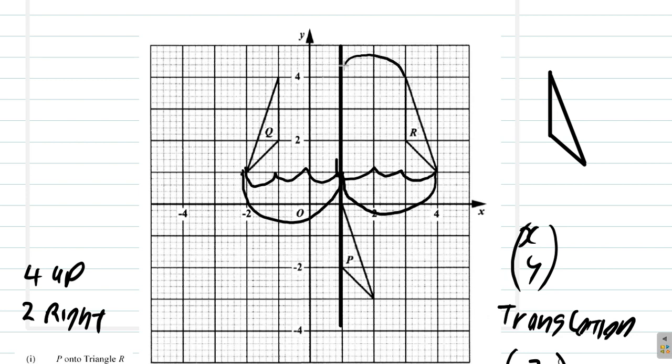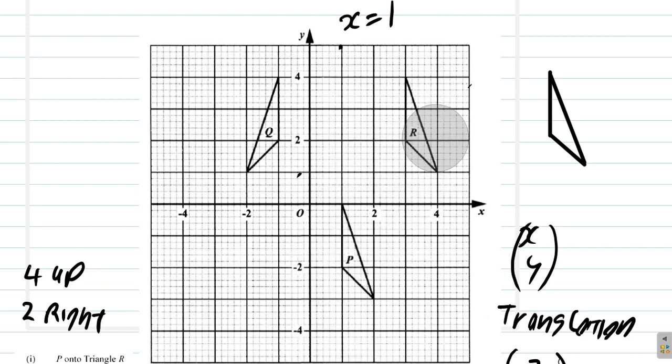If you go 1, 2, 1, 2, it's really a mirror. Which line is this? This line is the line x equals 1. If you take that and reflect R over it, you get Q. Use your imagination and see how you get Q.